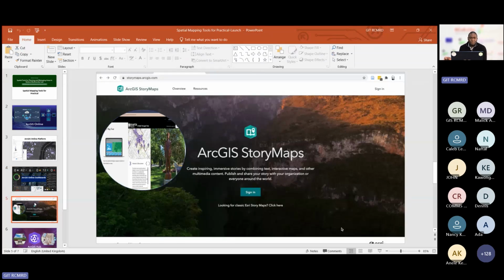Another platform that we shall be using is the Story Map. A Story Map allows you to communicate what you have done, your data and information, using textual information, maps and media. So you can communicate your data as a story and make the audience understand it better, because as scientists, we work with hard data.